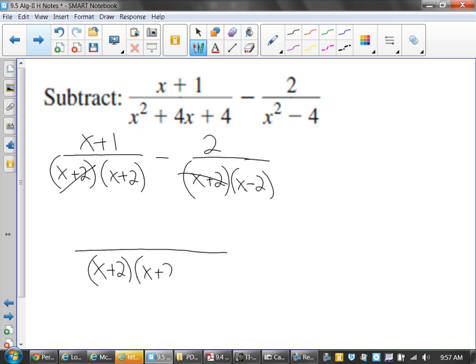Now, all 3 terms are accounted for. They both shared an x plus 2. We wrote it down. The one on the left had an extra x plus 2. The one on the right had an x minus 2. Now all possible terms are accounted for.